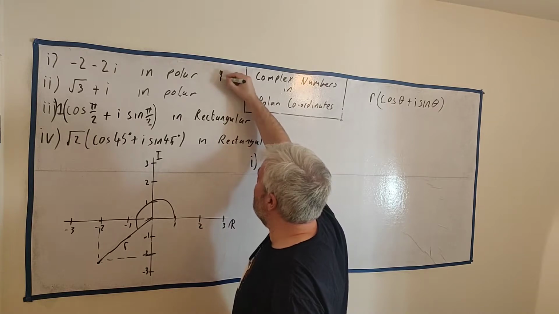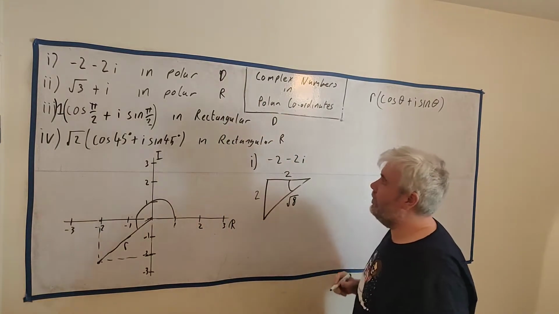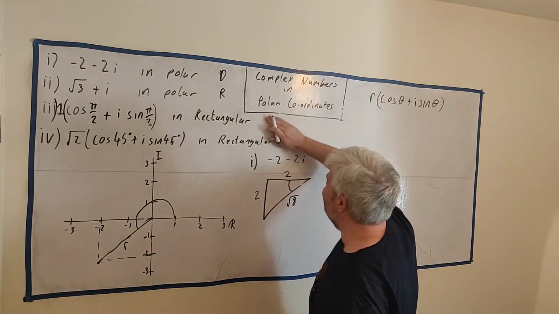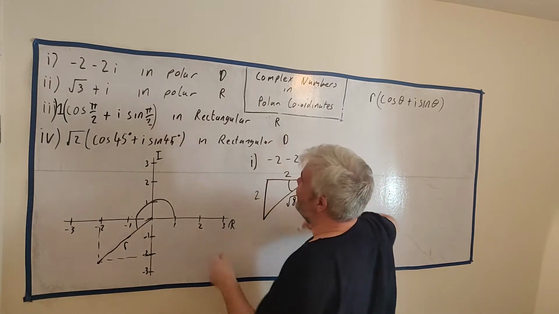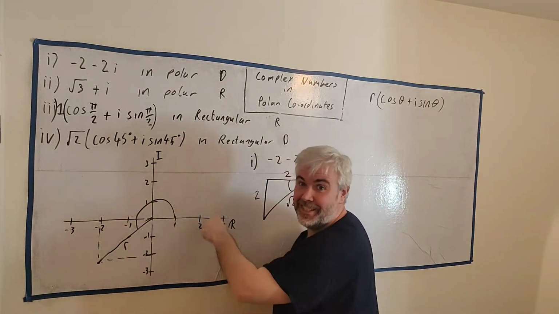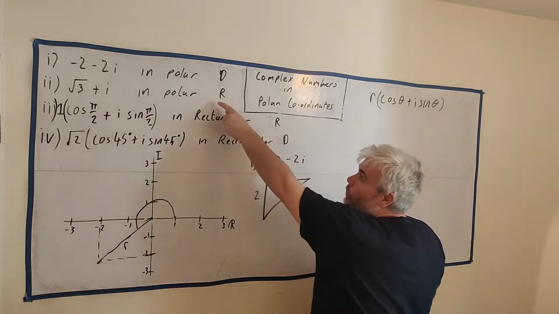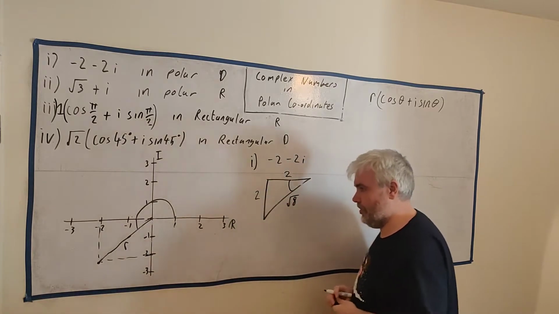Actually, sorry, this is already in radians and this is already in degrees. So let's do this first one in degrees, which means 360 degrees in a circle. The second one we'll do in radians, which means 2 pi in a circle.